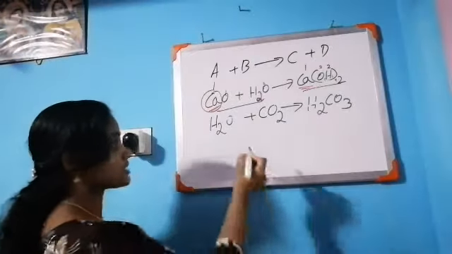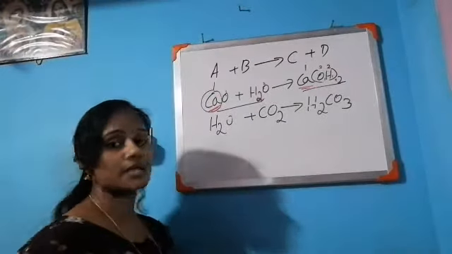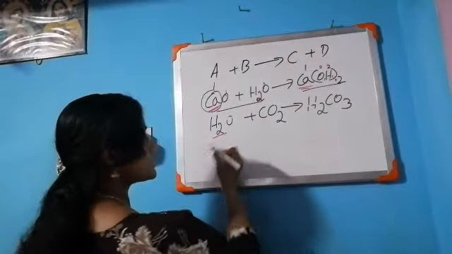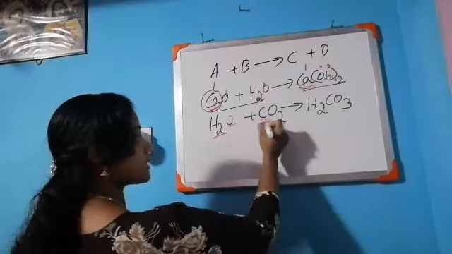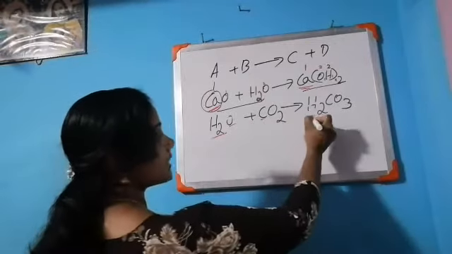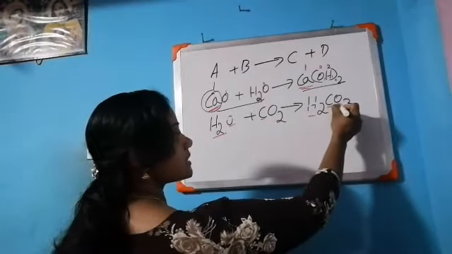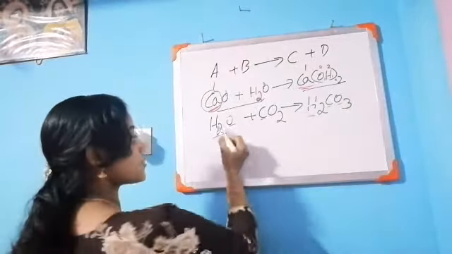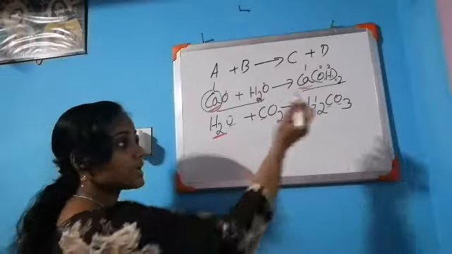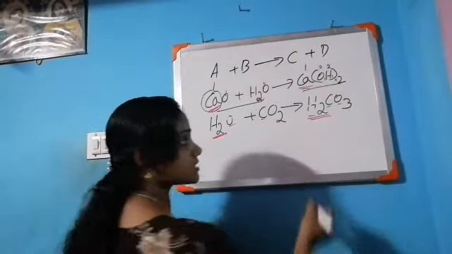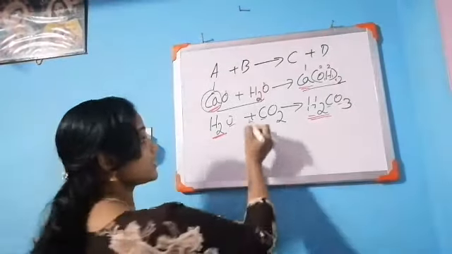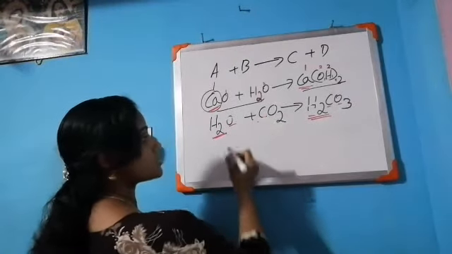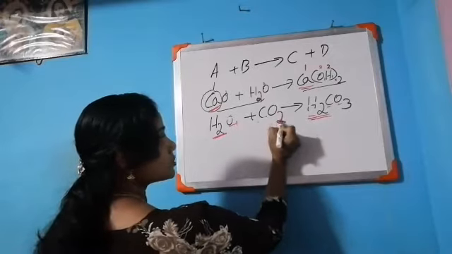For example, I will tell once again: water reacts with carbon dioxide to form carbonic acid. Here on the reactant side we have hydrogen, oxygen and carbon atoms. On the product side also hydrogen, carbon and oxygen atoms. So the number of atoms: here, the number of hydrogen is 2. In the product side, how many hydrogen? That also is 2. On the reactant side, how many oxygen? 1, 2.